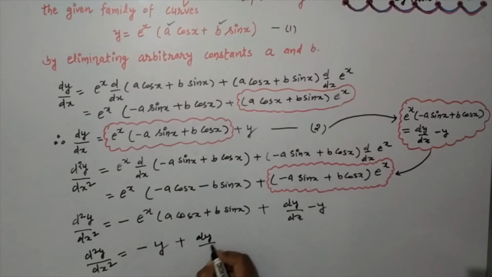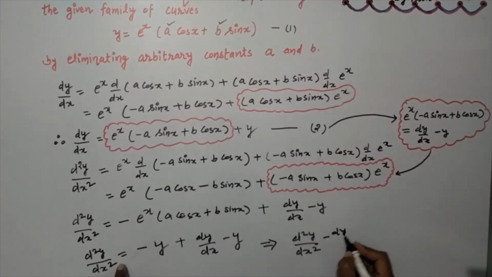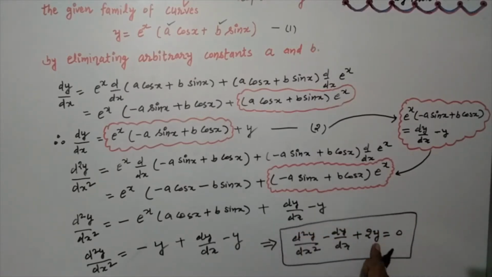Next is plus dy/dx minus y. So what is the conclusion? Conclusion is d square y upon dx square, minus dy/dx, plus 2y is equal to 0. So this is the required differential equation.